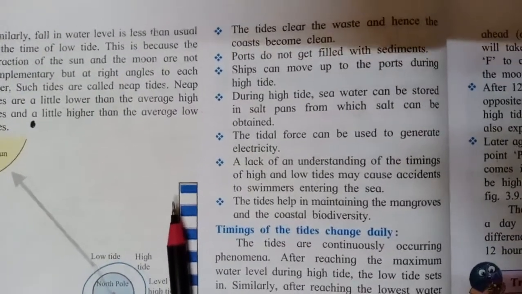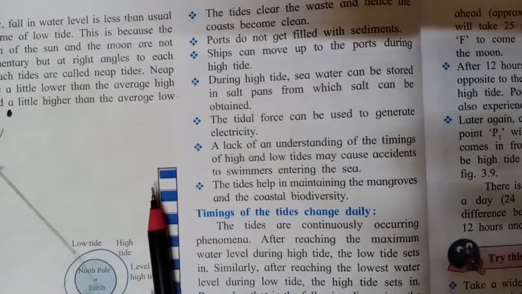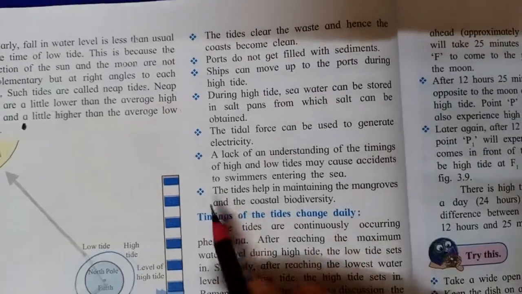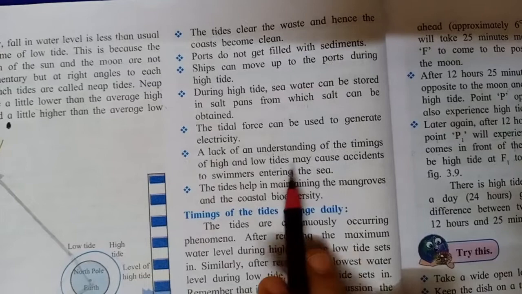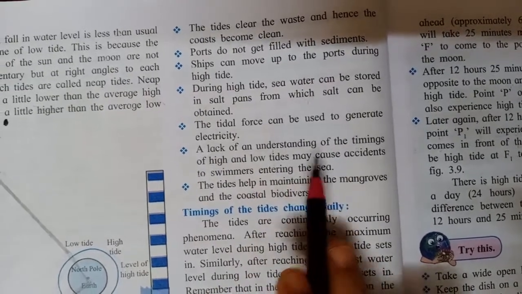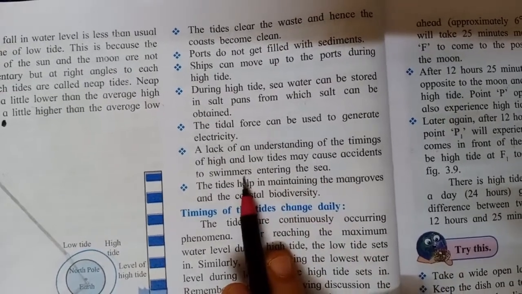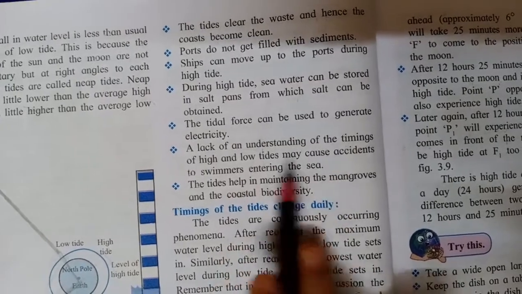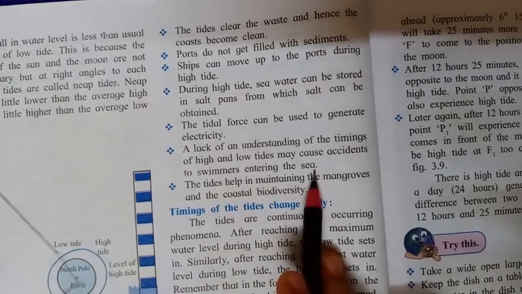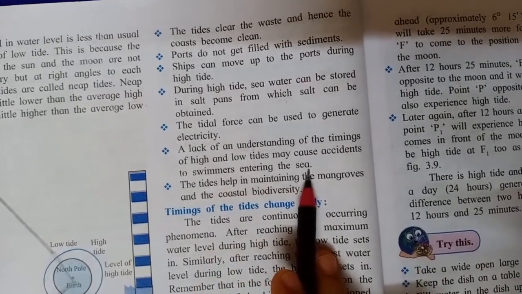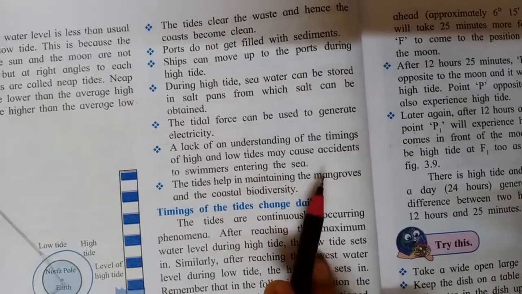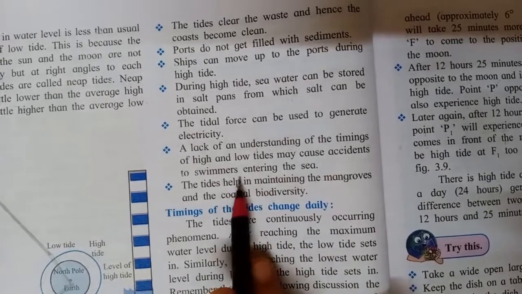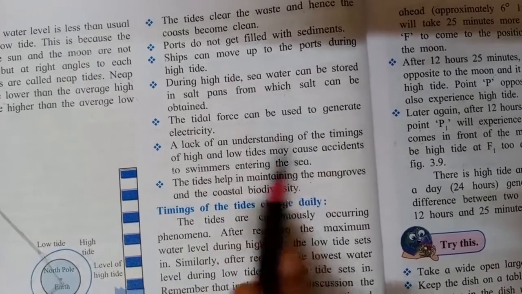Sometimes we hear that people go in the sea and while swimming they don't know the timing of the high tide and the low tide, and because of this, when the water level increases, the swimmers enter the sea and don't understand the level of the water, and they get stuck in the water, and thus it endangers their life.